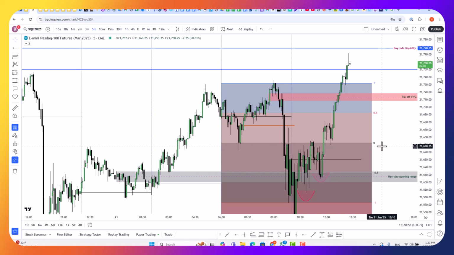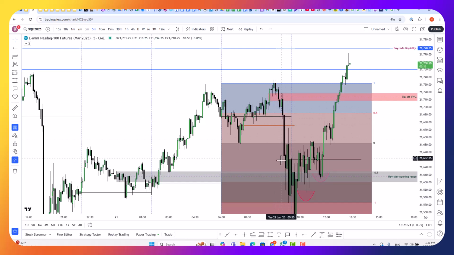The new day opening range is usually traded too during the equities open, during the actual opening range. So if we open here and the new day opening range is here, what is the bias? Short.